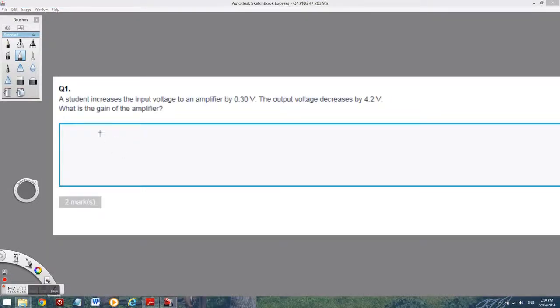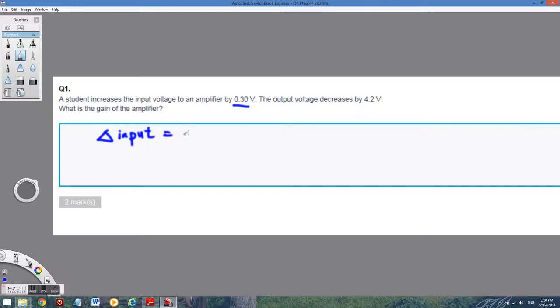Now let's look at a few examples. Example 1, question 1: a student increases the input voltage to an amplifier, so the change in input is 0.3 volt. Then the output voltage decreases, so the change in output is minus 4.2 volts.